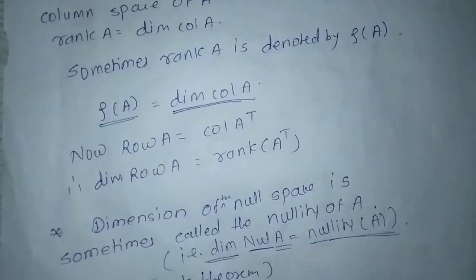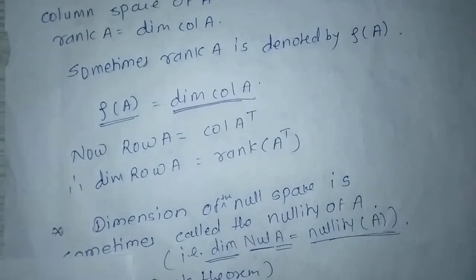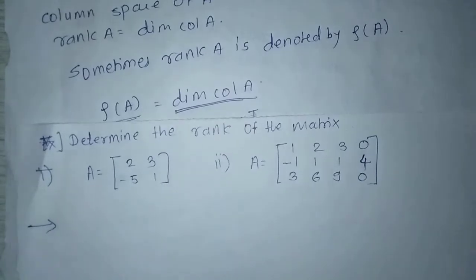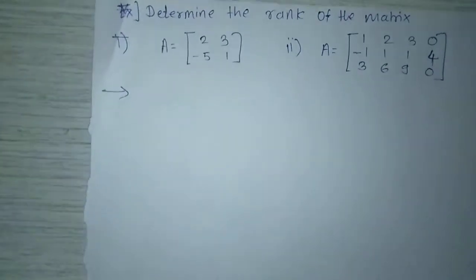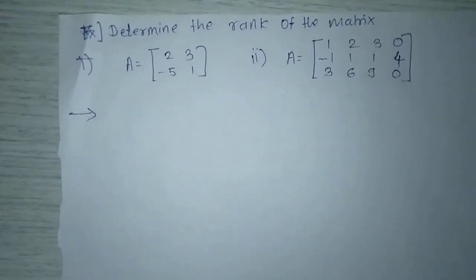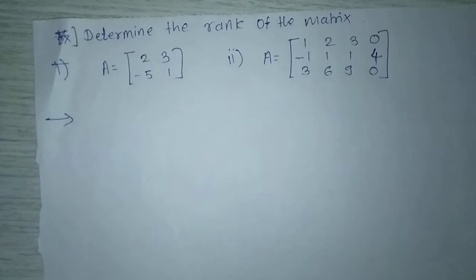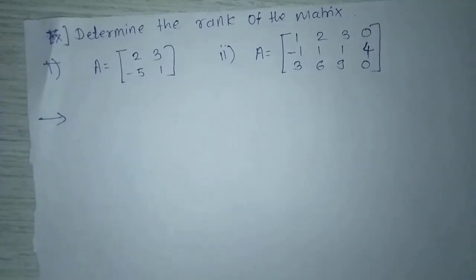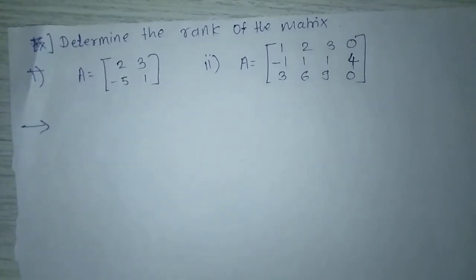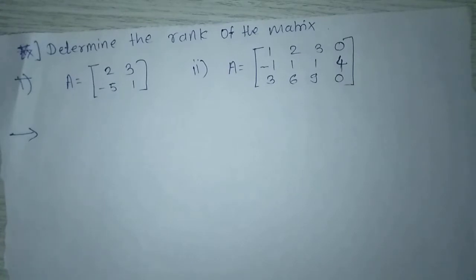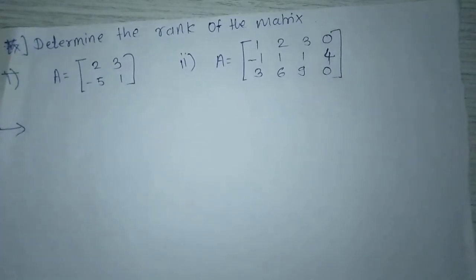Next, examples on the rank. Determine the rank of the matrix. First, A equals 2, 3, minus 5, 1. Next, A equals 1, 2, 3, 0; minus 1, 1, 1, 4; 3, 6, 9, 0.